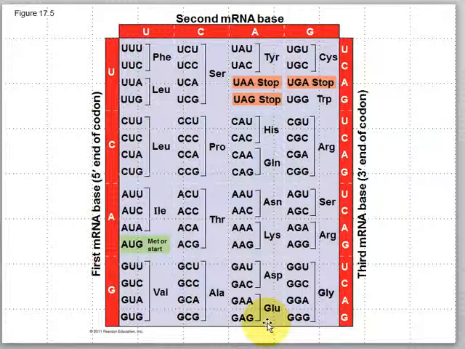Here's what we call a codon table for messenger RNA, and you may have seen something like this before in your previous biology classes. Basically, these are the codons, so you have the first and the second and the third letters. And if you look through here, all of these combinations of 3 letters give us a particular amino acid. They code for a particular amino acid.